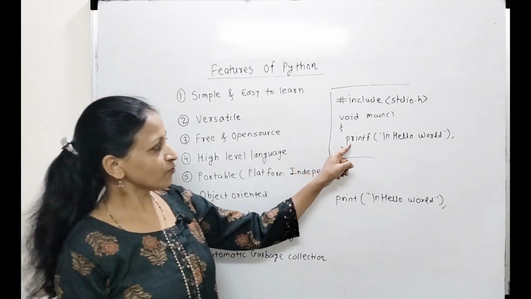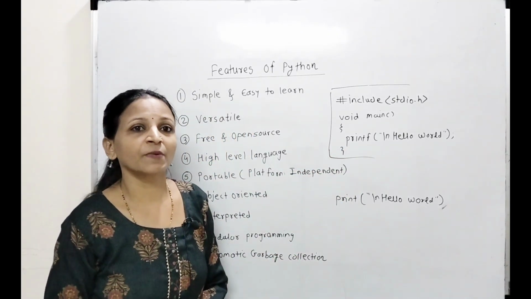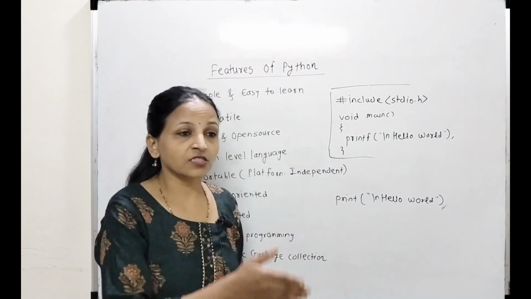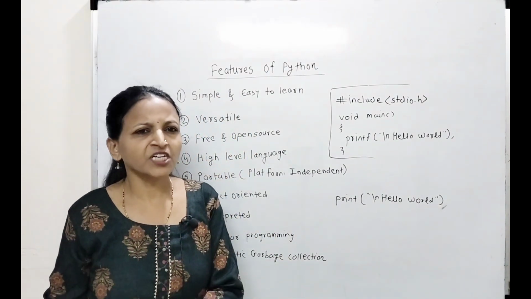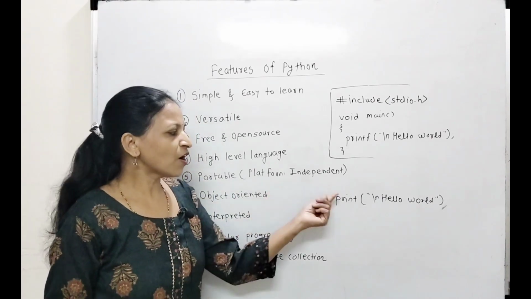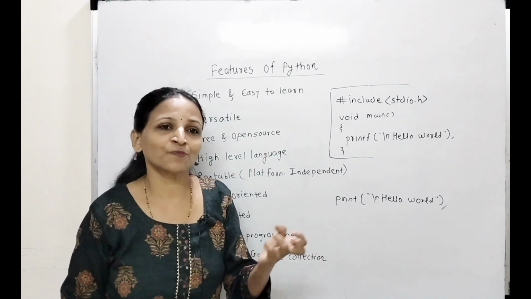Again see, here we have used printf. In C++ we have to write the cout statement. Again in Java, suppose you are using it, there you have to write System.out.println, that much lengthy code to display hello world. But here you just have to write print, and this print is nothing but an English word to display.